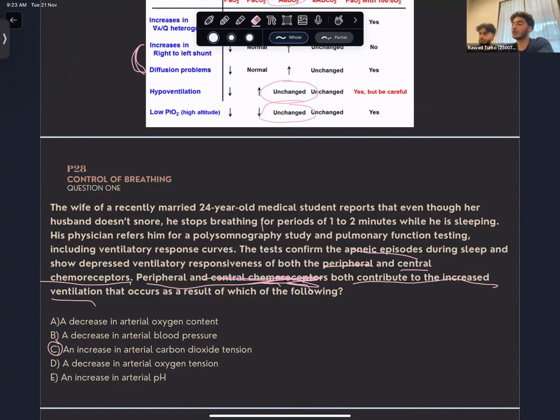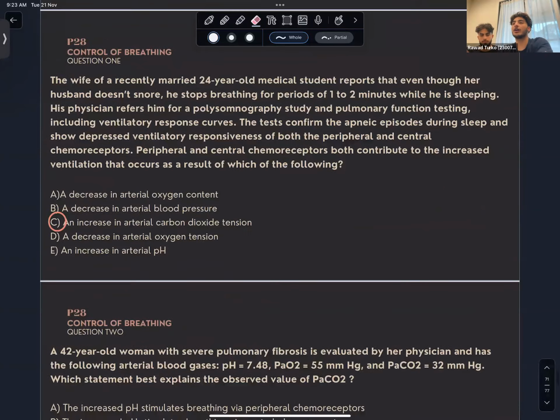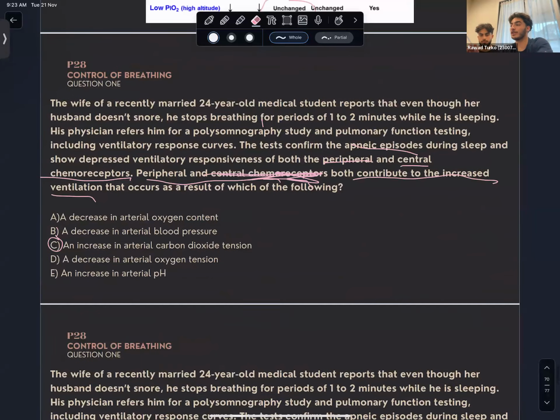Your peripheral chemoreceptors are directly affected by your oxygen and pH. But not central. Central is mostly pH. And what's going to contribute most to the pH?